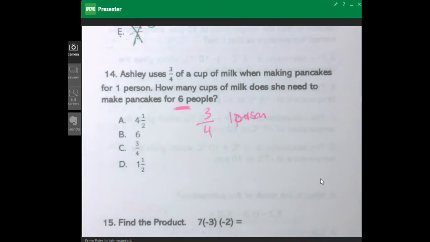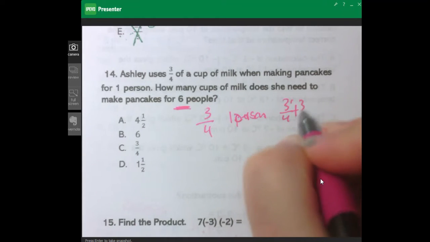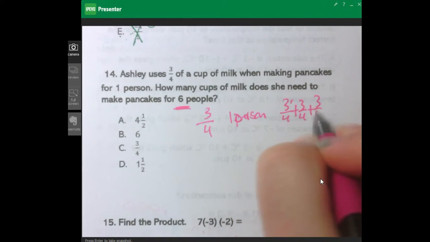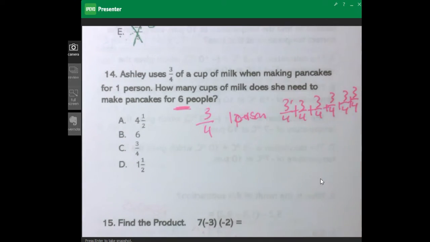But we need this for 6 people. So there are 2 ways that we could do this. We could say 3/4 plus 3/4 plus 3/4 plus 3/4 plus 3/4 plus 3/4. We could do that 6 times.